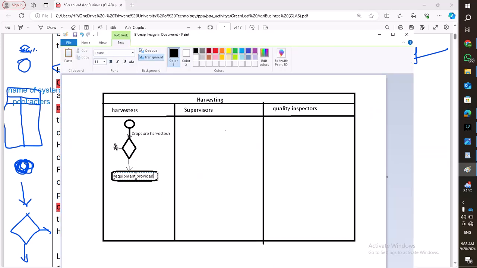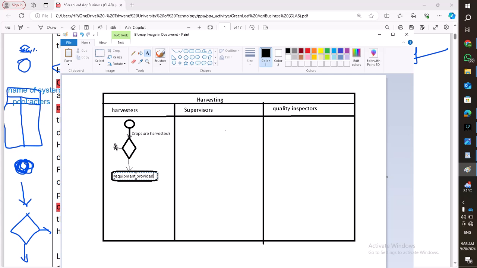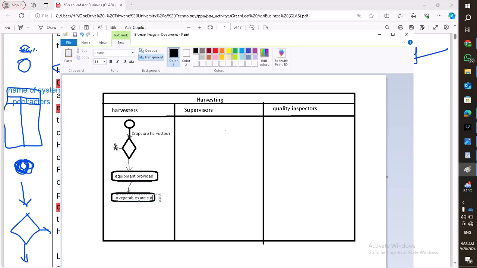Okay, we move to another task. Another task, and we put here vegetables are cut.